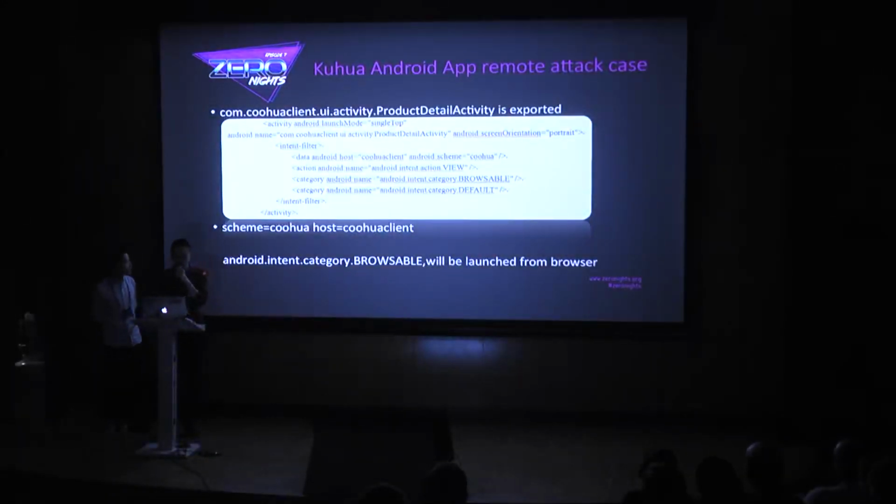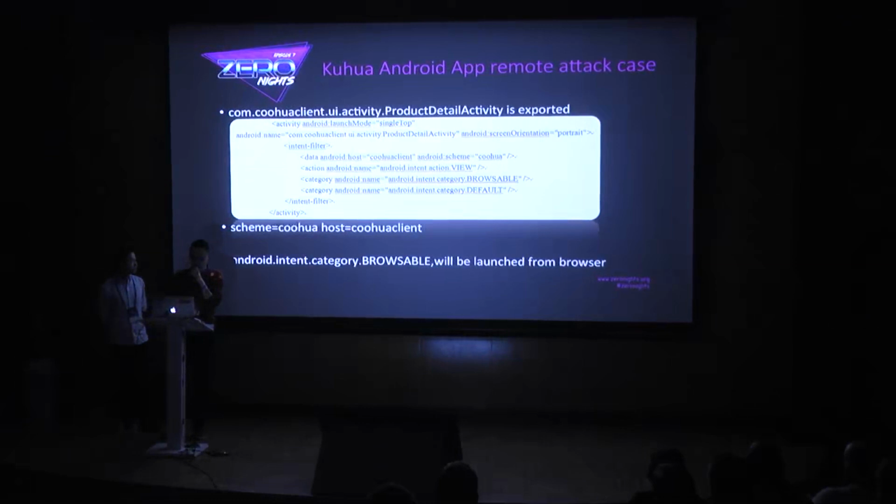First we'll see the WebView case, which is fixed in Android version 4, so it can't be used anymore. But this is a typical case, so we can have a look.